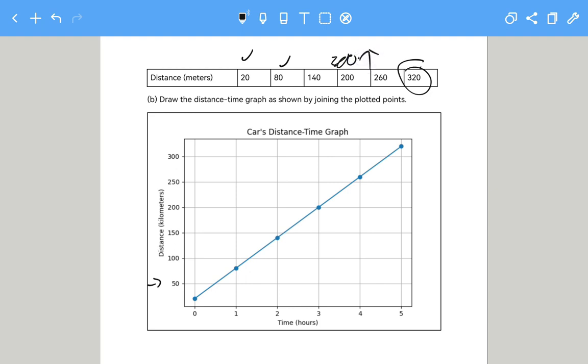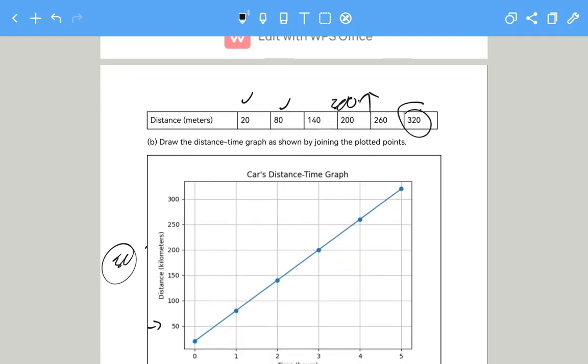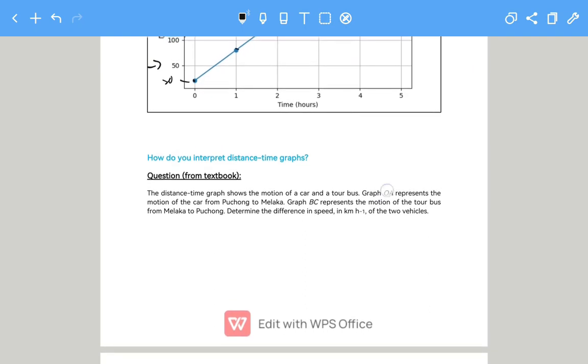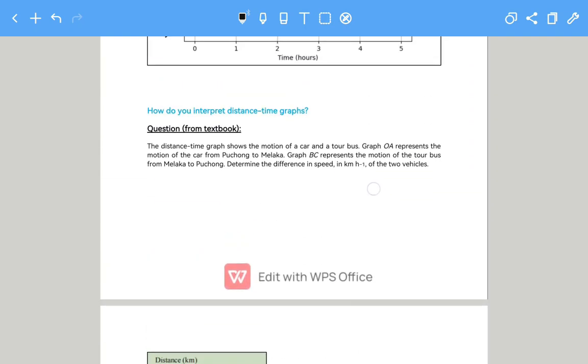So we use 50 as a scale. Then we just plot the points. This 0 is 20, so somewhere here is 20, then we plot the point over here, then we sketch the graph. It's easy, right?